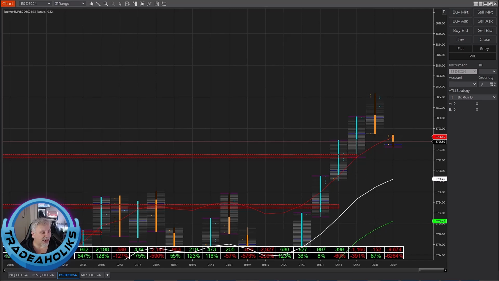What you see down here is a representation of the delta within each candle. You can see here, in this candle, there's been 9,674 negative delta. That's telling you there's a lot more sells than buys at the moment.